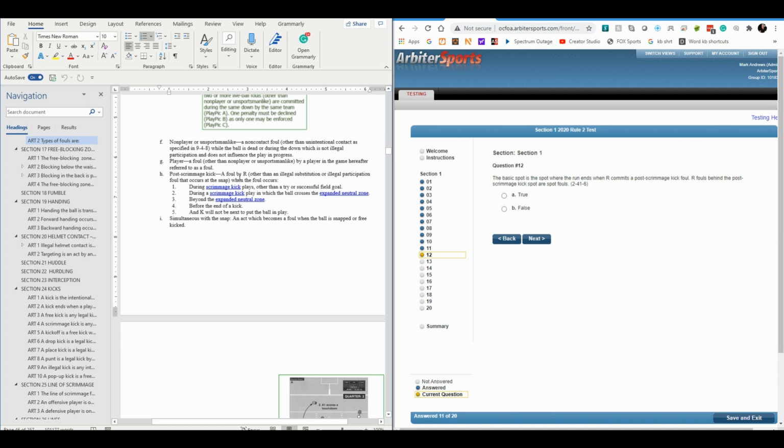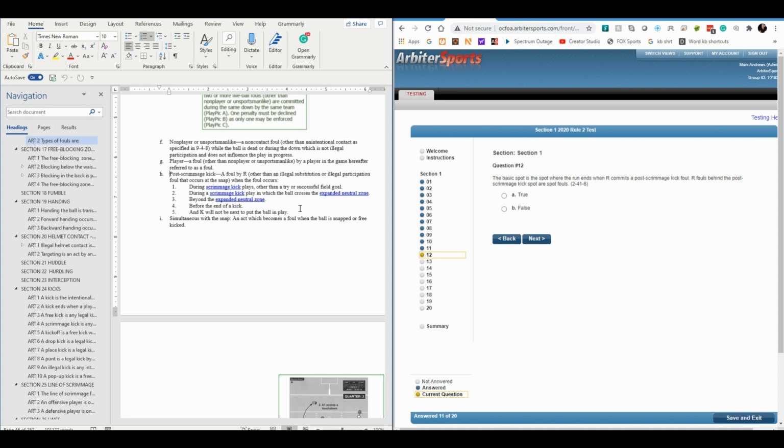It's a foul by R, other than illegal substitution or participation, when the foul occurs during a scrimmage kick play, other than a try or successful field goal, during a scrimmage kick play in which the ball crosses the expanded neutral zone. When it occurs beyond the expanded neutral zone, it occurs before the end of a kick, and K will not be the next to put the ball in play. So if there's a turnover and K is going to have the ball anyway, then it's not a post-scrimmage kick foul.